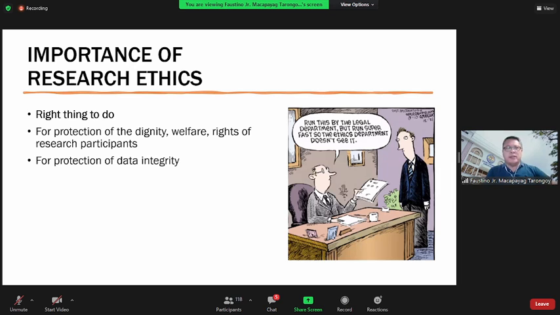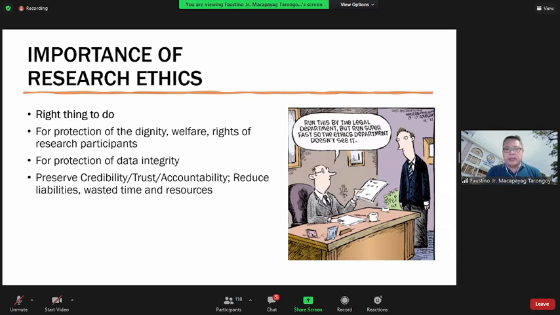So even if your data is a result of an interview from certain respondents, you have to make sure that you ethically did that activity, and it therefore gives you that protection, that your data is not manufactured, and that you respected the value or the welfare of your respondents.